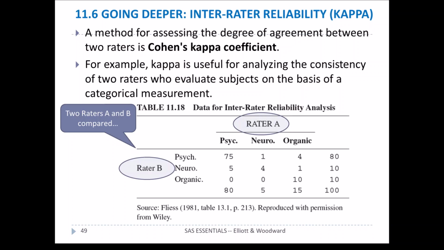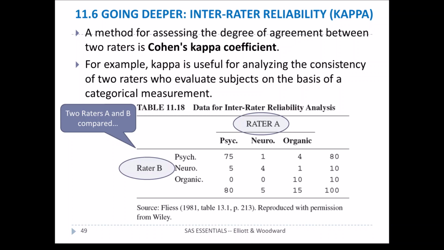So in this case, from a textbook by Fleiss, we have data where we had two raters, rater A and rater B, and they were both looking at the same subjects, and they were rating people according to some kind of psychological measure.